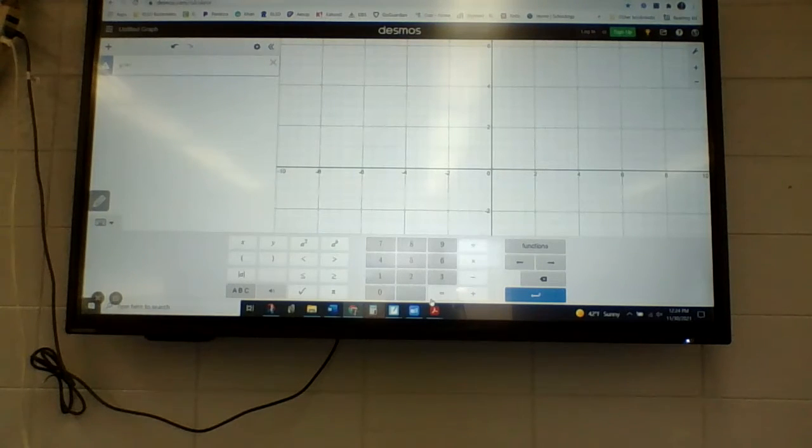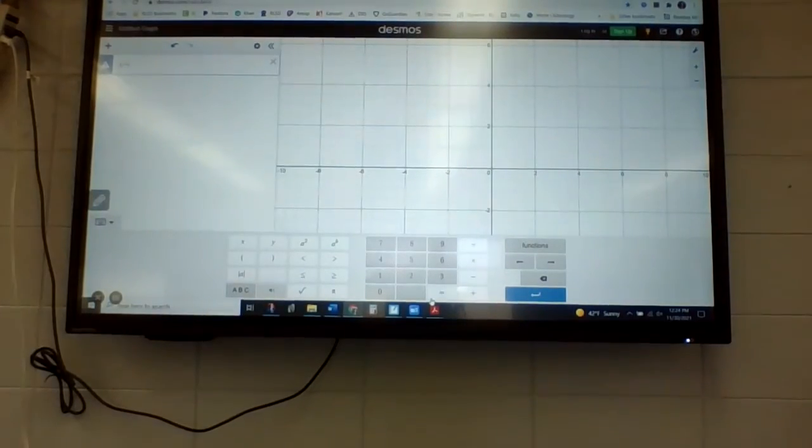If you've never used it, there's an app, but there's also a website. So Desmos, if it goes into a kind of home screen, then just click start graphing. You just want to go into the graph.